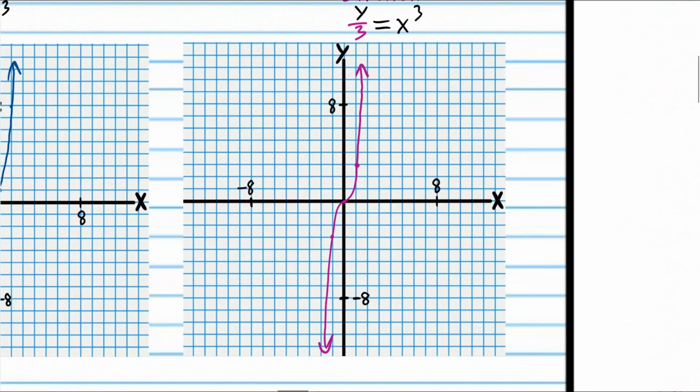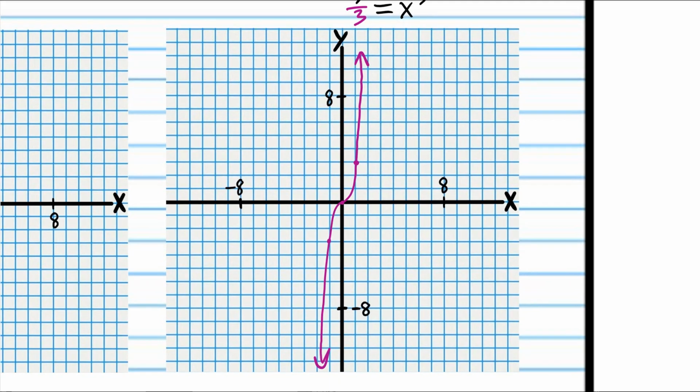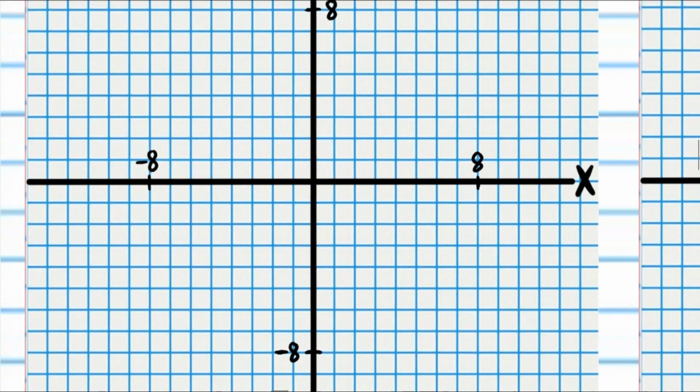So we have a point on this purple graph, (1, 3). It's going to become (-1, 3). And we had a point down here, (-1, -3). It's going to become (1, -3).